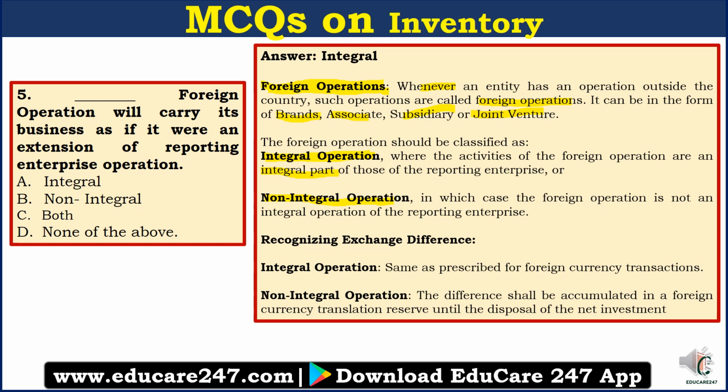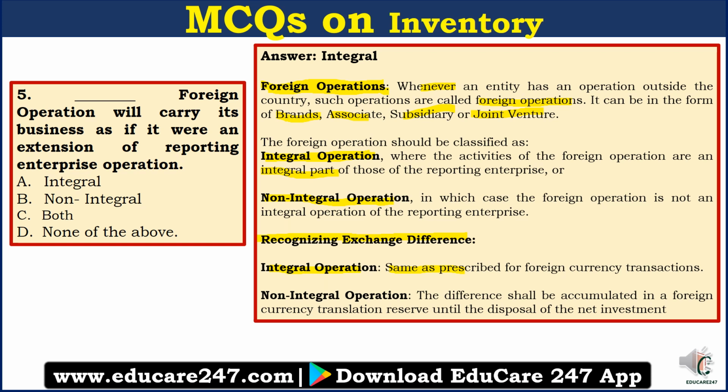Now why do we have to classify foreign operations into integral and non-integral operation? Because the recognition of exchange difference is different for integral and non-integral operation. See, in integral operation, the exchange difference is recognized the same as prescribed for foreign currency transactions. So exchange difference in integral operation is recognized in profit and loss account.